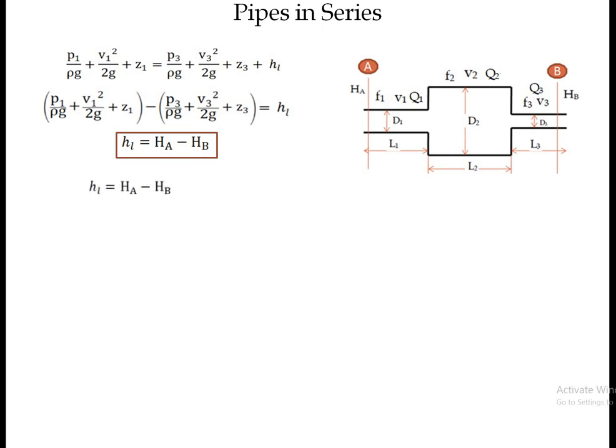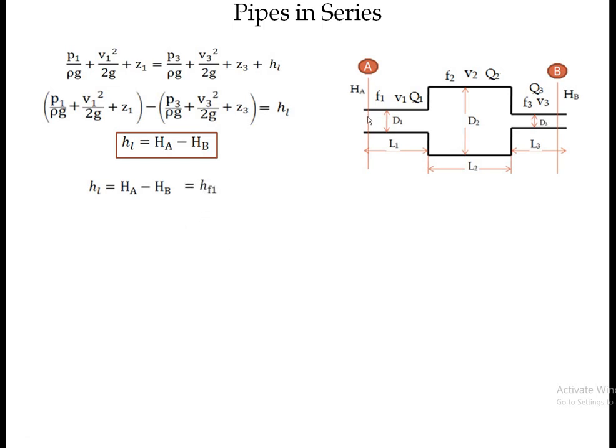Next, we will write down this head loss due to major loss and minor loss. When fluid flows from section A to section B, there are some major losses and some minor losses. The total head loss due to major and minor losses is equal to, first, HF1.